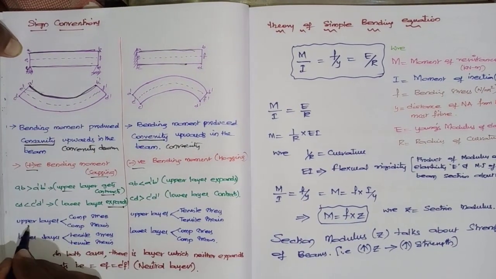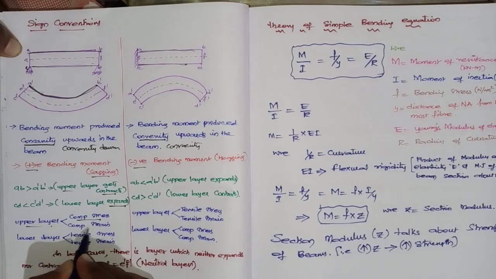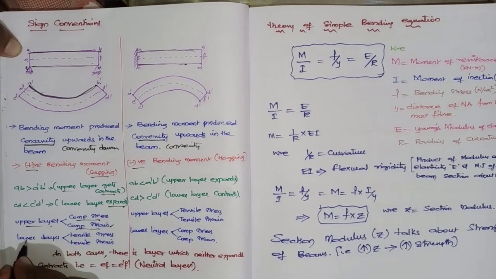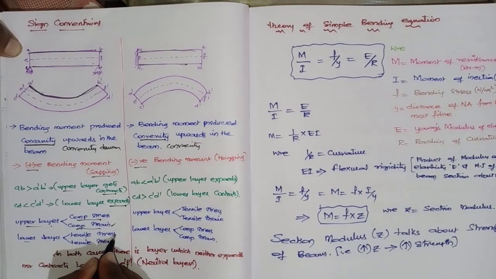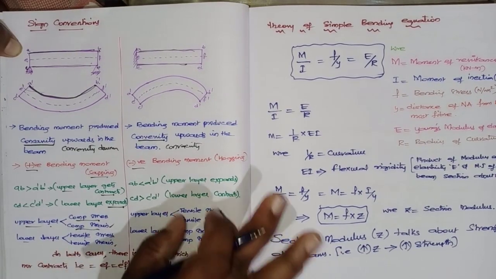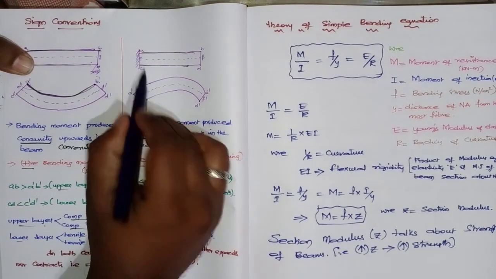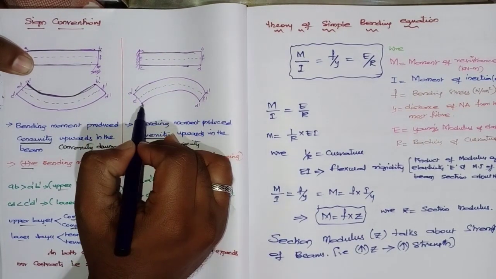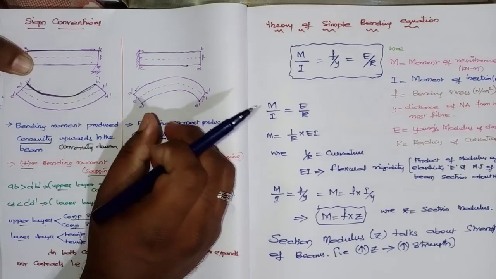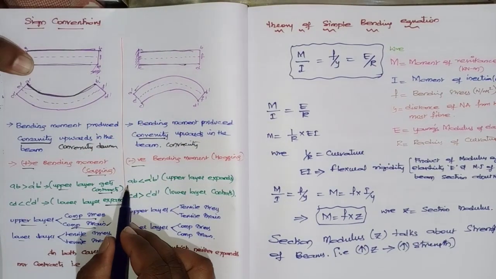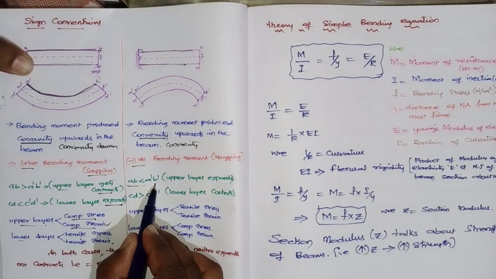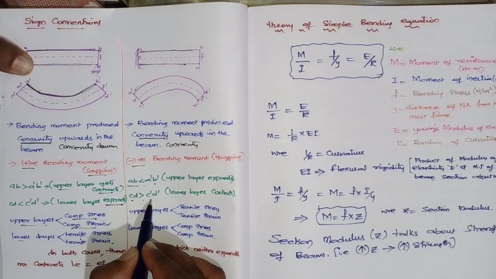Now the upper layer is subjected to compressive stresses and compressive strains are developed, and the lower layer is subjected to tensile stresses and tensile strain is developed. Coming to the cantilever beam, here the top layer will be expanded and the CD bottom layer will be compressed. So AB will be less than A dash B dash, and CD will be greater than C dash D dash.